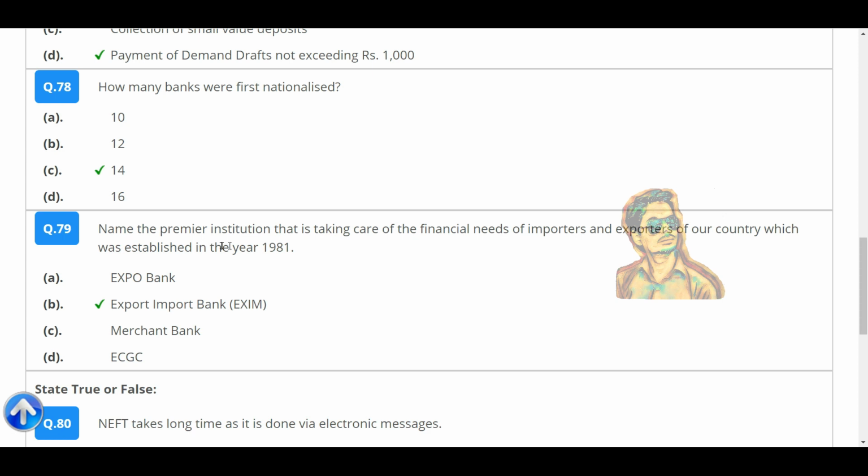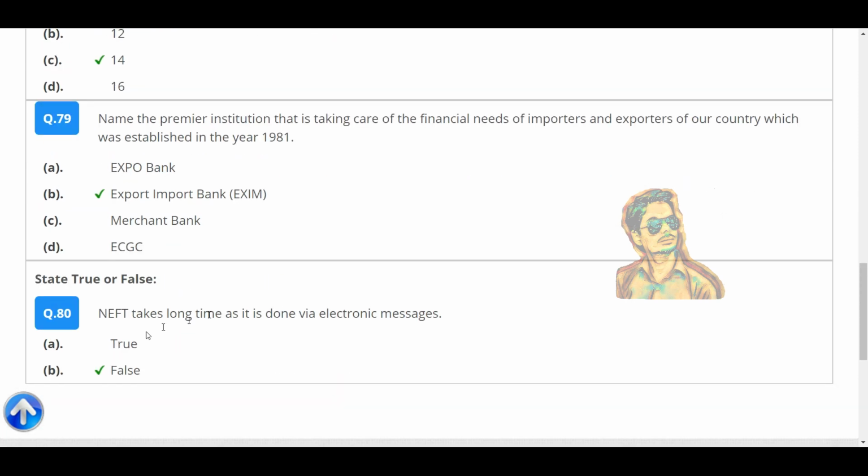Name the premier institution that is taking care of the financial needs of importers and exporters of our country, which was established in the year 1981. Export-Import Bank, EXIM. NEFT takes a long time as it is done via electronic messages. False.